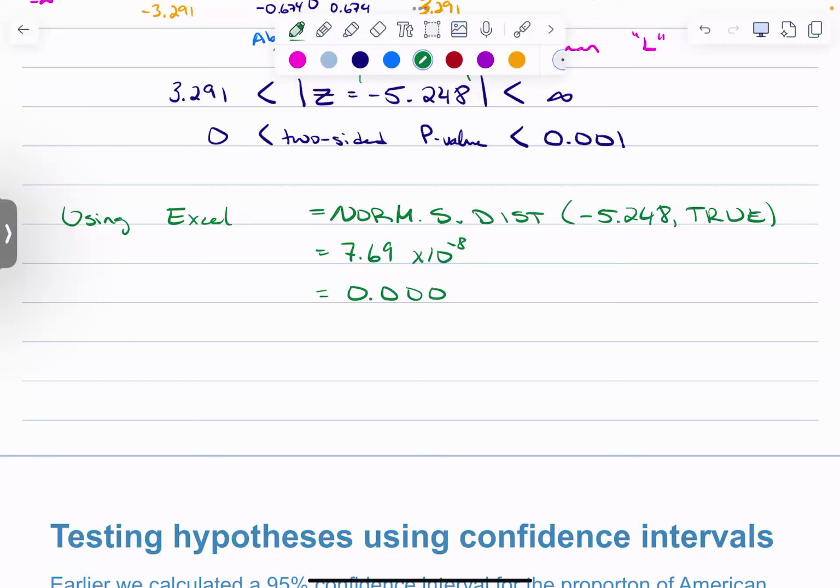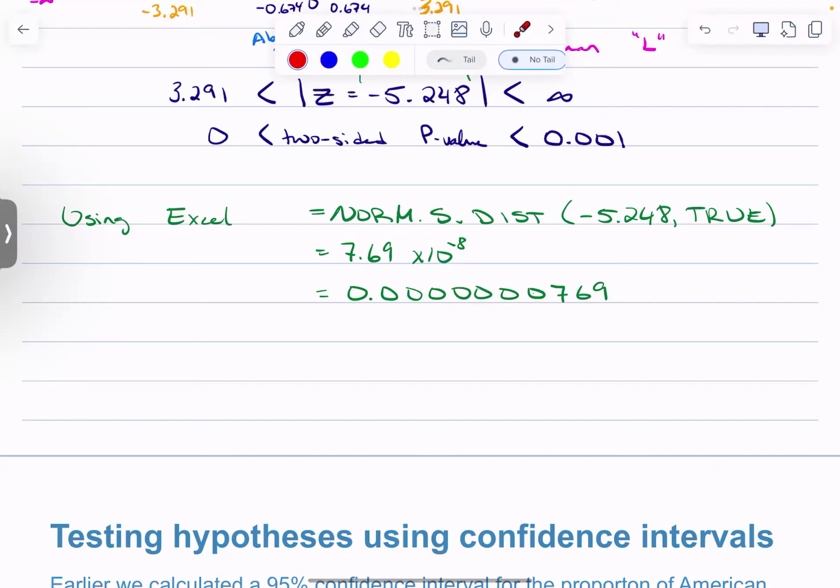1, 2, 3, 4, 5, 6, 7. 1, 2, 3, 4, 5, 6, 7. No, one more. Let's try that. So the decimal has to move back 8. 1, 2, 3, 4, 5, 6, 7, 8.